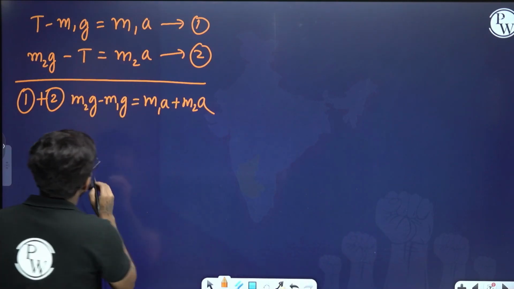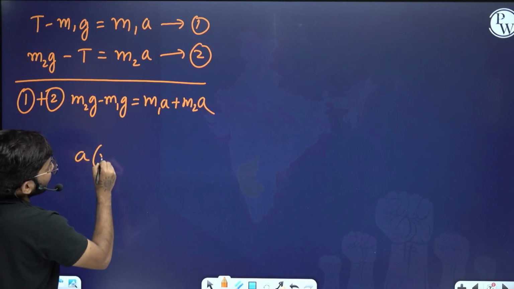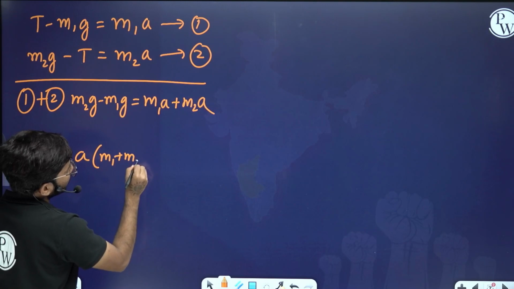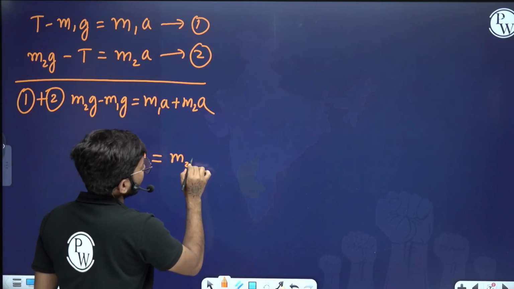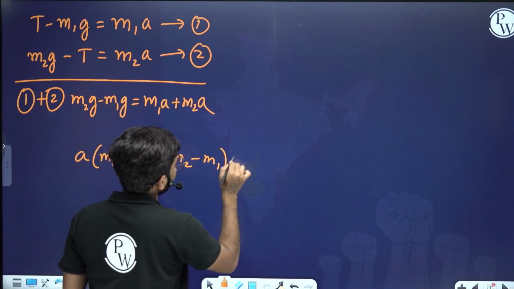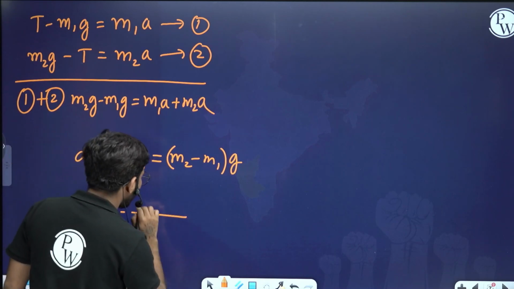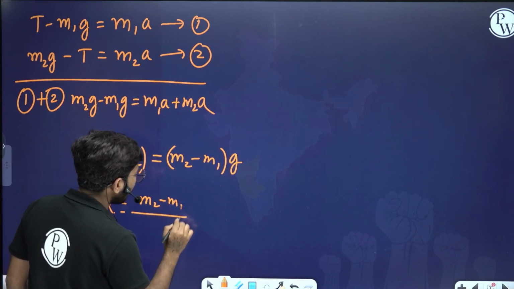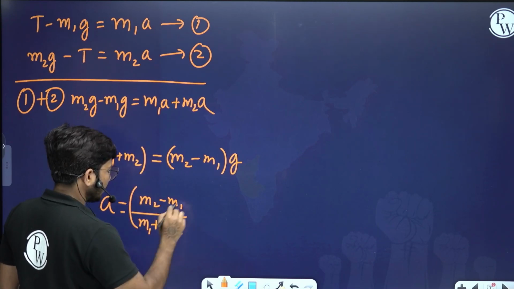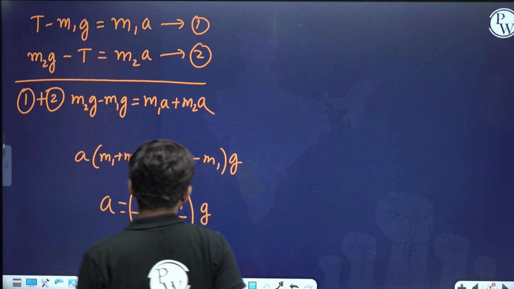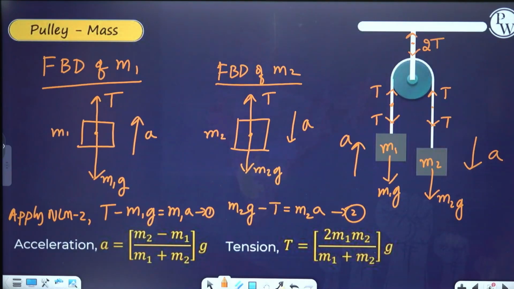So here acceleration ಬೇಕು ಅಂದರೆ ಈ ಸೈಡಲ್ಲಿ ಆಕ್ಸಿಲರೇಷನ್ನ ಕಾಮನ್ ತಗೋ M1 plus M2 and here G ನ ಕಾಮನ್ ತಗೋ M2 minus M1 into G, right? So acceleration ಈ M1 plus M2 ನ ಕೆಳಗಡೆ ಕಳಿಸು M2 minus M1 divided by M1 plus M2 into G, correct? The expression which we have here, M2 minus M1 divided by M1 plus M2 into G.